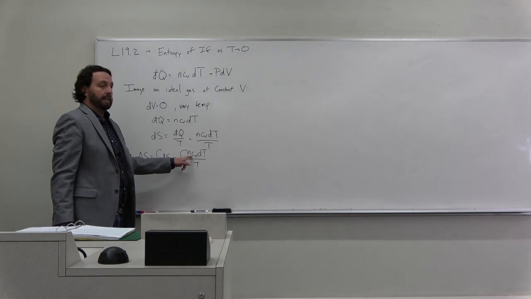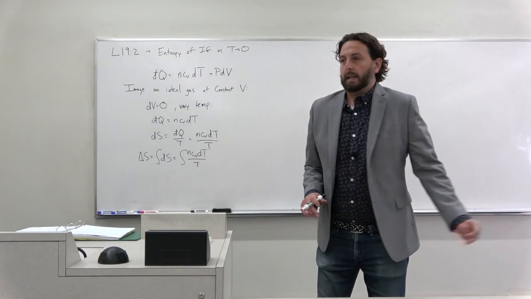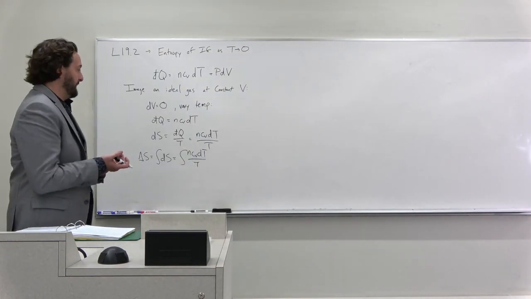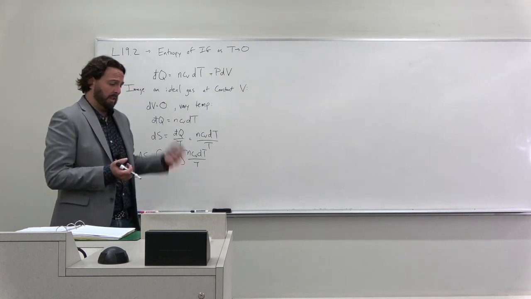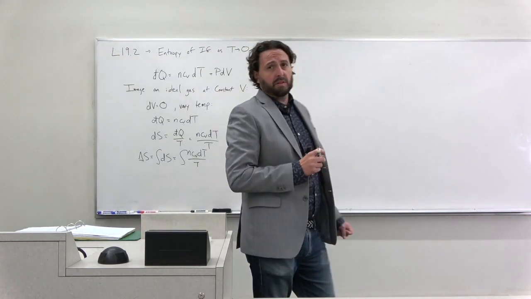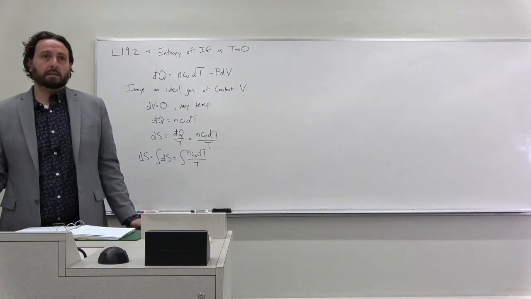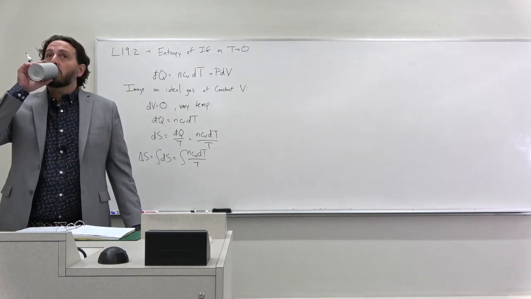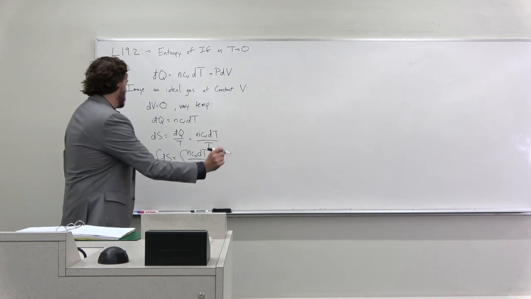Let's assume that the heat capacity is not changing as a function of temperature. That's to first order a pretty good guess. We've already calculated what the heat capacity of an ideal gas is. We did CP and CV, and it had to do with the number of degrees of freedom, whether it was a diatomic or monatomic gas. So those values didn't have anything to do with temperature.